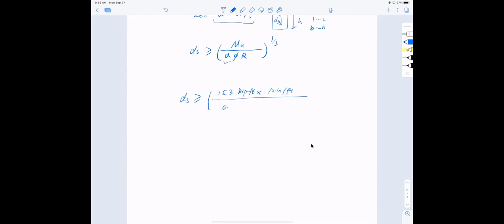Now I pick 0.7, again a pick by me, and this is phi 0.9, and R, remember, is 736 psi. But you see that I have kips here. So here, Ashton, where you had the question, I can now use 0.736 KSI just to cancel the unit. And don't forget the outside 1/3.